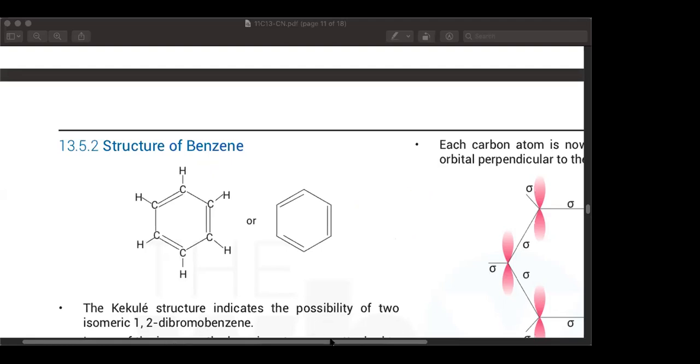This is what is present in reality: six carbon atoms in a hexagon, and the pi electrons forming a circle above and below the carbon atoms. The electron cloud is like a circular tube above and below this structure.